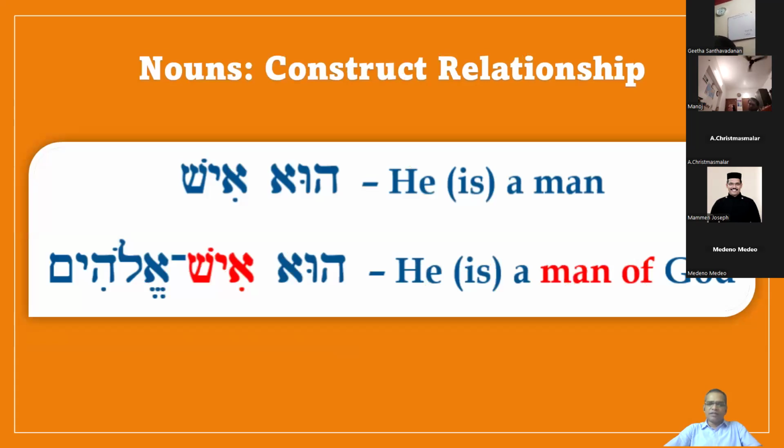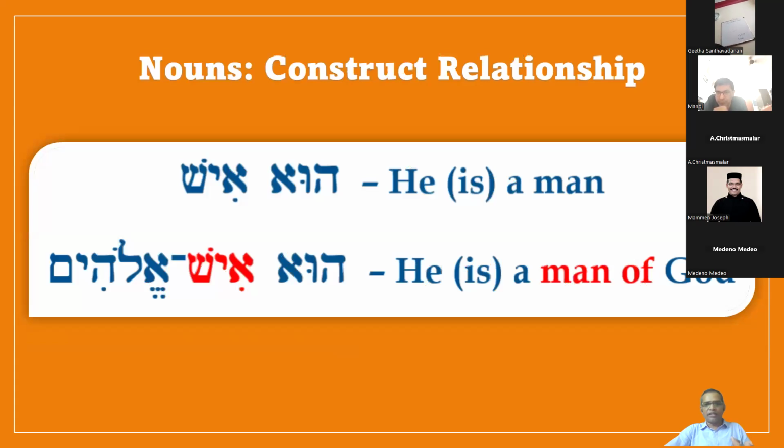So that means we will come across nouns placed together, either two or sometimes three and sometimes four. In that case, when the noun is in a construct-absolute relationship, the first noun will be in the construct state, and while translating, that will be in the shortened form of the absolute noun.